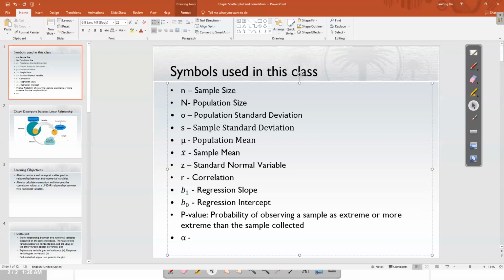So basically, how likely are you to get the sample that you got if you're doing a random sample? Alpha is the type 1 error rate. So by comparing p-value and alpha, we're able to make a statistical decision, okay? So please get familiar with all the symbols.